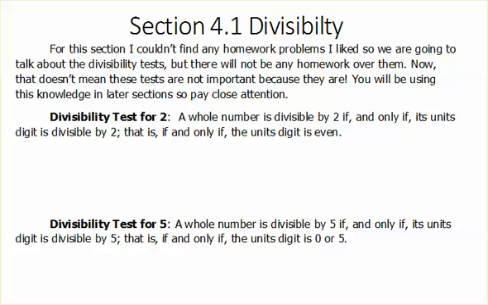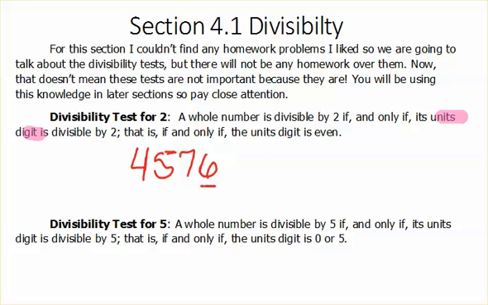The first one is the divisibility test for 2. It says a whole number is divisible by 2 if and only if its units digit is divisible by 2. So what do they mean by its units digit? Let's say we had a number like 4576.